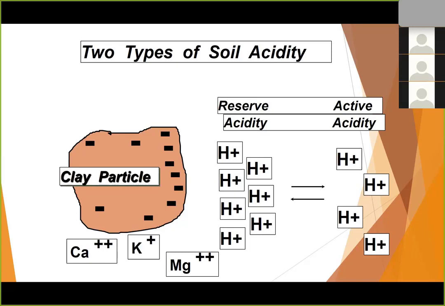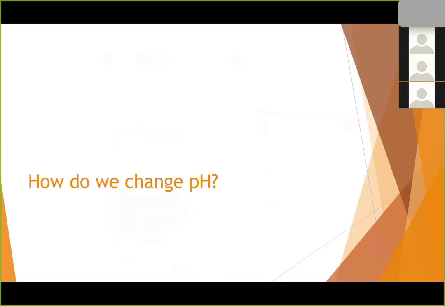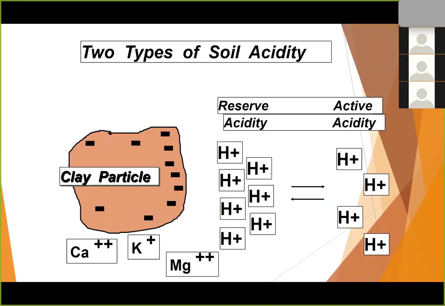So looking at this graphic, it's similar to the one I showed before with that diffuse double layer, if you remember that little brown rectangle. Somehow, we have to take out all these hydrogens. We got to take them out of solution because this is what is considered the pH of the soil, is measuring this area out here.